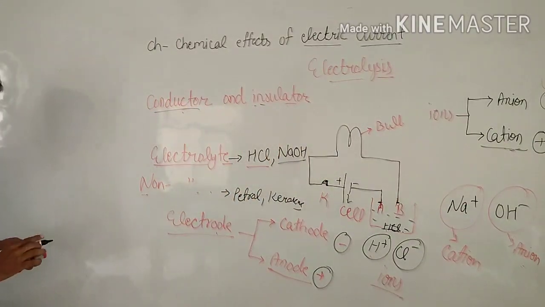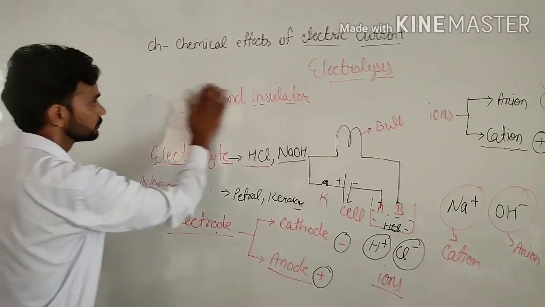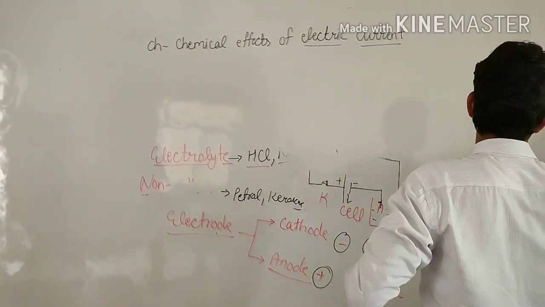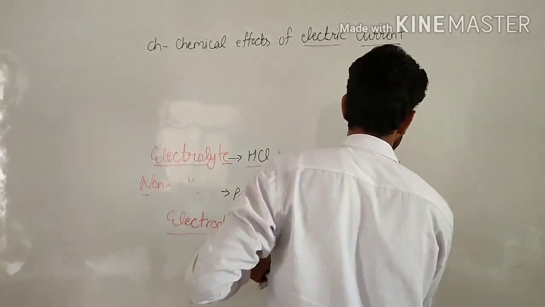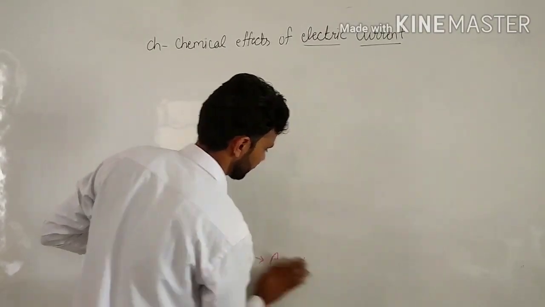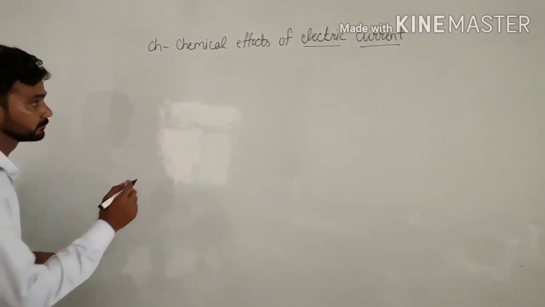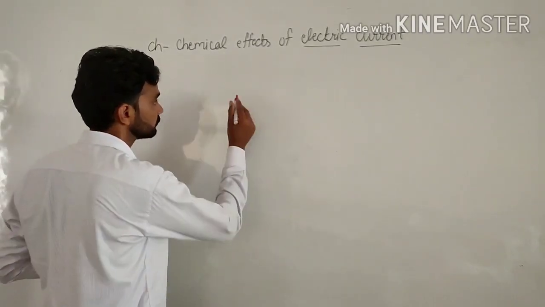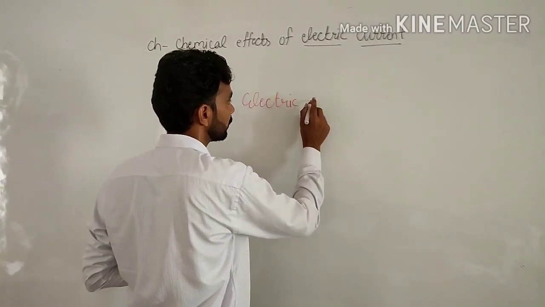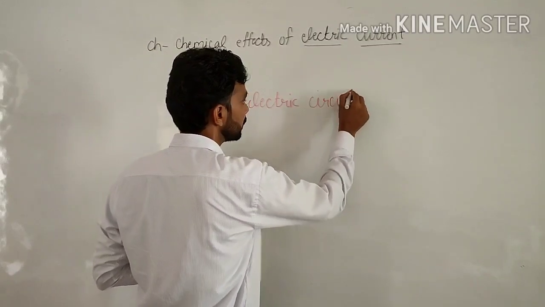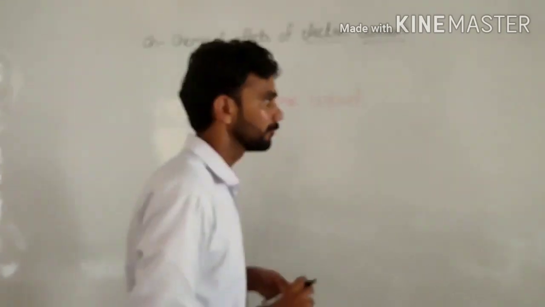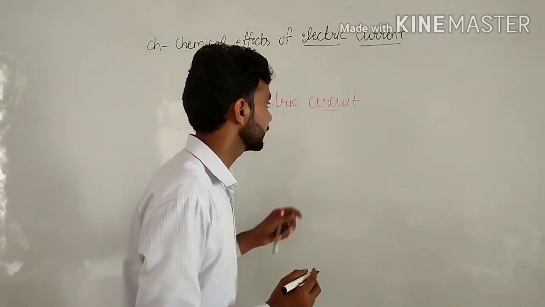This is known as an electric circuit. A continuous path for the flow of current from positive to negative terminal is known as an electric circuit.